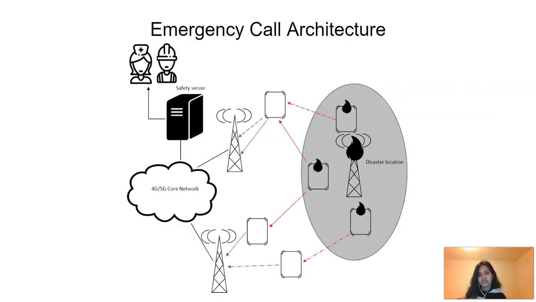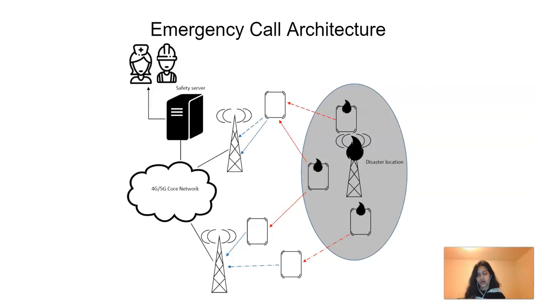The emergency call architecture that the mHelp protocol will be implemented in is a scenario where several base stations are located in a network area and several of them get destroyed due to a large disaster striking that area.